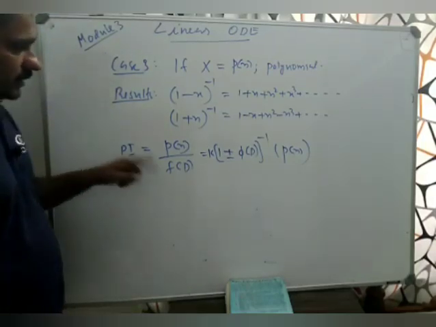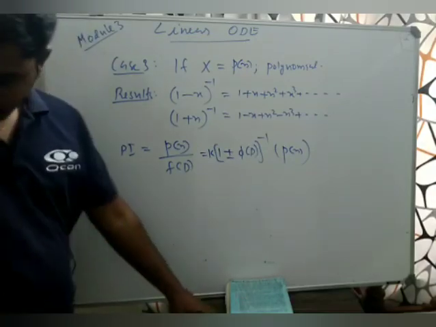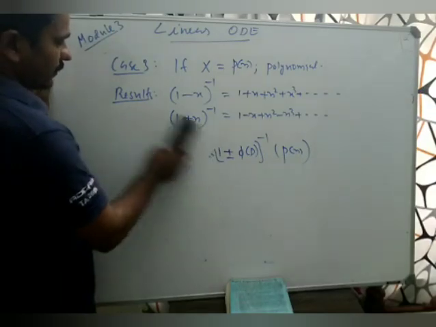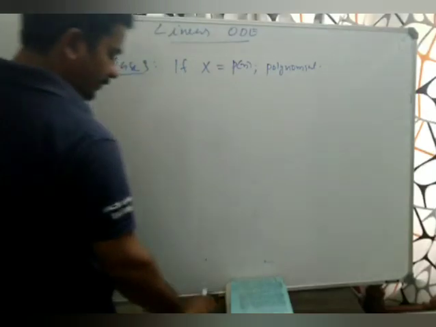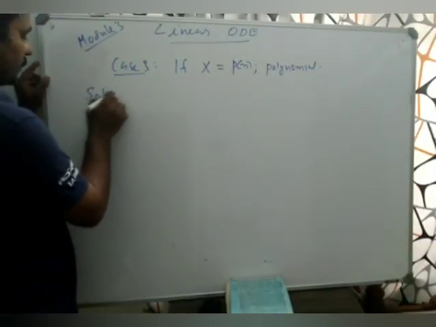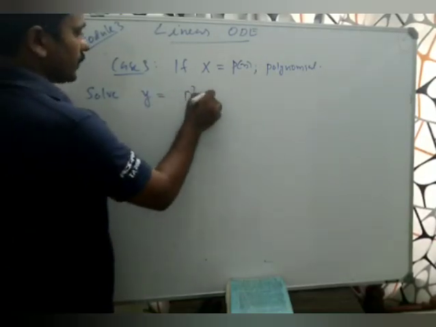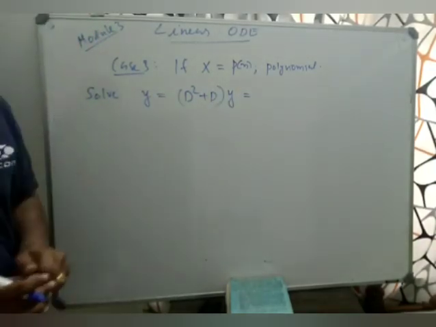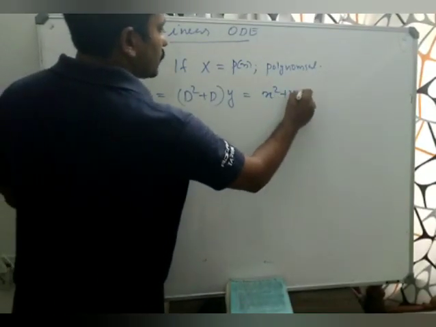So I'll write a problem here. Solve d squared plus d of y, which is equal to x squared plus 2x plus 4.